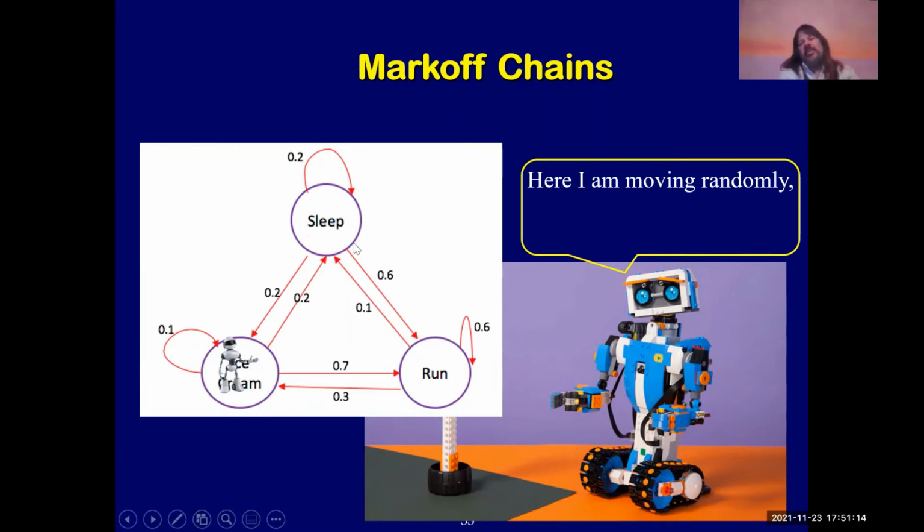What percentage of the time I expect to be sleeping, what percentage of the time I expect to be running. That's your steady state, what fraction you're in each of these states. But it's a good principle to know, right? Again, we're moving from state to state, and we're doing it randomly.